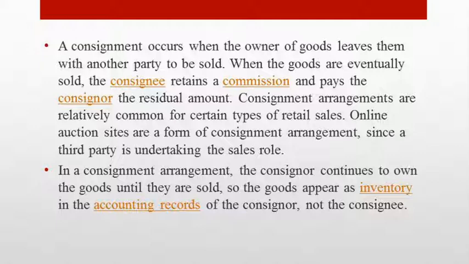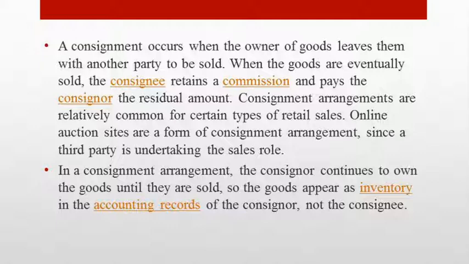We can say that consigner and consignee both engage into one small kind of contract to say that they want to sell the goods. Now, who is consigner and who is consignee? Consigner is a person who sells the goods.